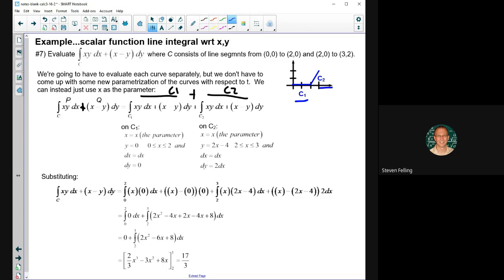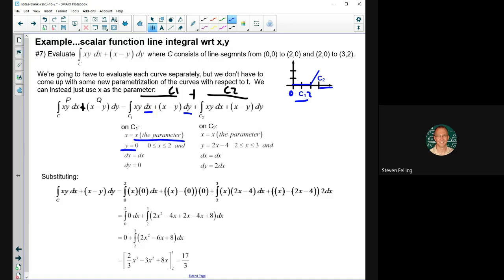Okay, so on curve 1, instead of defining a new parameter t, we're just going to make x itself the parameter, because then y is just always 0. And if I want to cover this, I have to cover this from x equals 0 to x equals 2. So that's all we have. And then because they express these things in terms of dx and dy instead of dt, I'm going to have to figure out what to use for dx and dy, right?